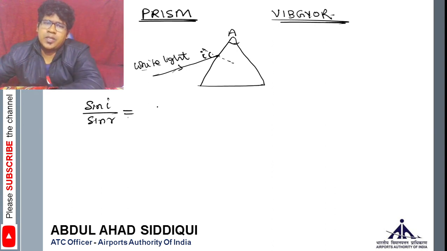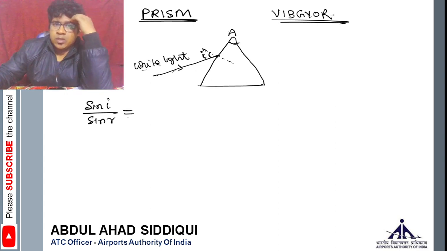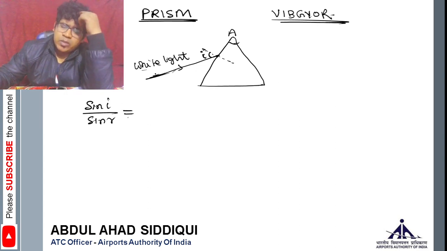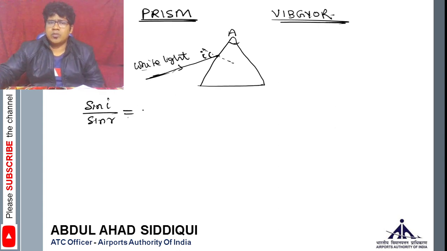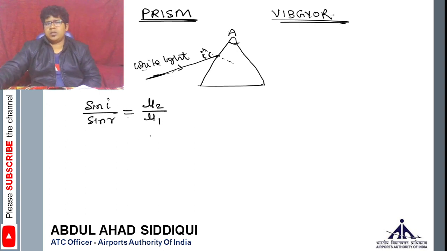So let's say outside you have a rarer medium, or it's simply vacuum. So the refractive index of the light in which it is going, that is mu 2 upon mu 1, like this, right?